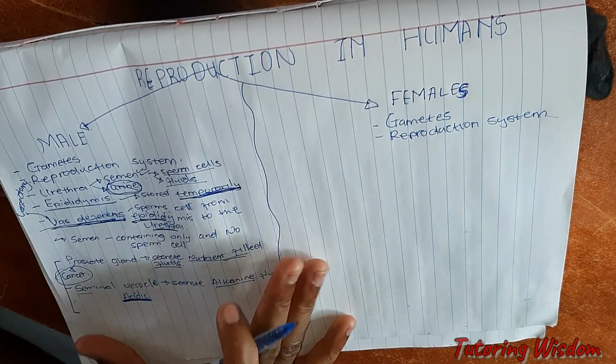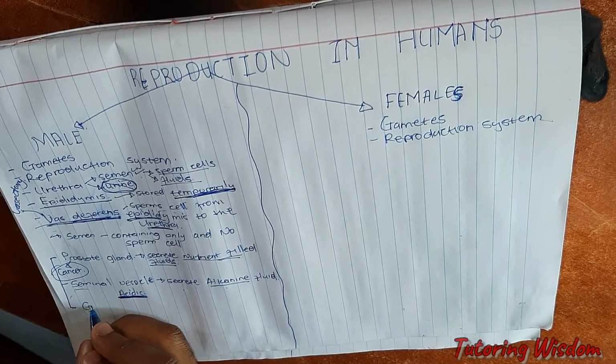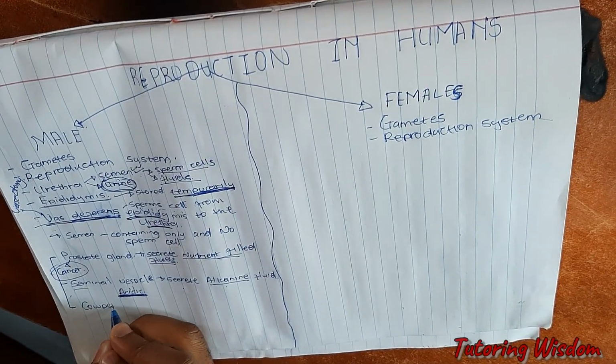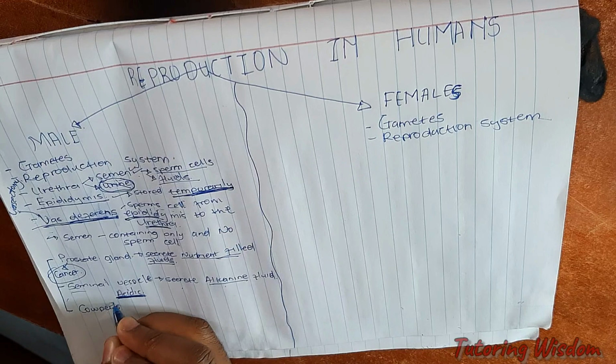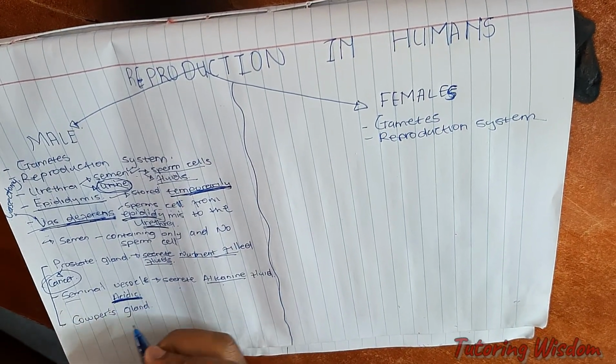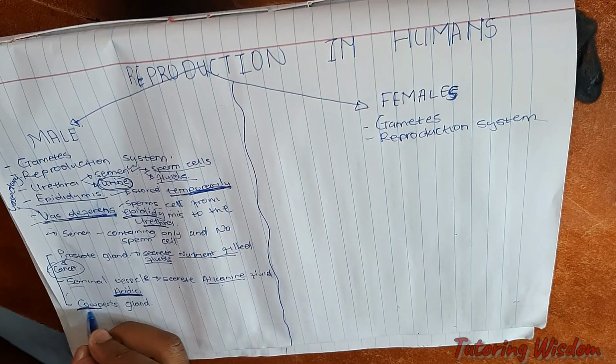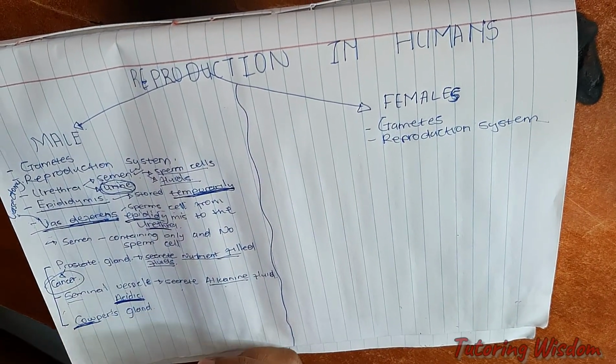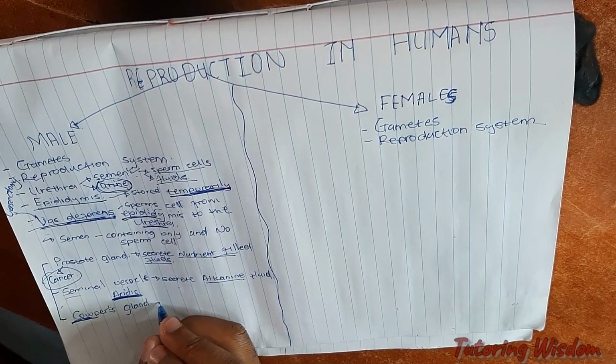Then the next gland is our Cowper's gland. Just like the name says, cows. We always know that cows might look a little bit disgusting.